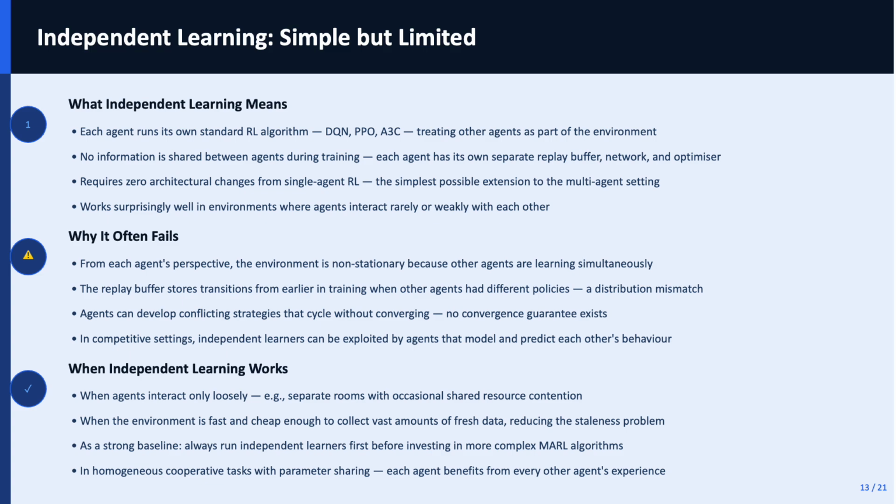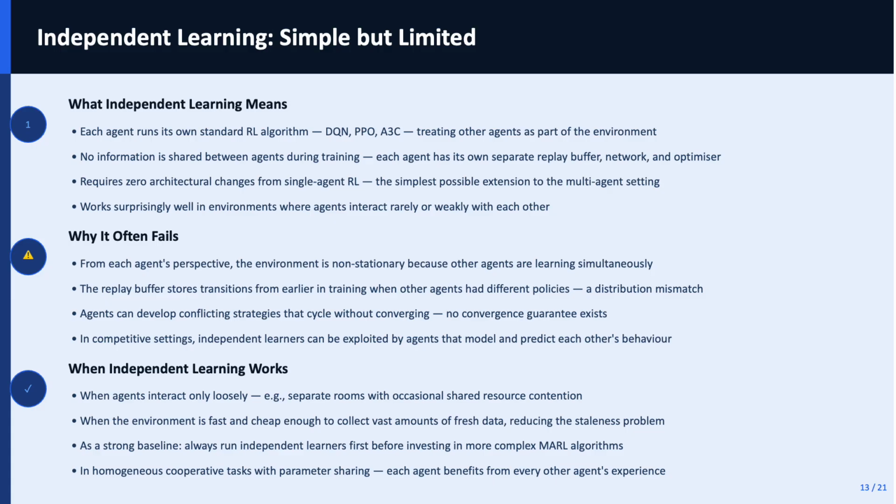Independent learning is the baseline approach that every multi-agent research project should evaluate first before investing in more sophisticated methods. Take any standard single-agent algorithm, DQN, PPO, actor-critic. Give a copy to each agent and let them train simultaneously without sharing any information. The appeal is obvious. No architectural changes are needed.